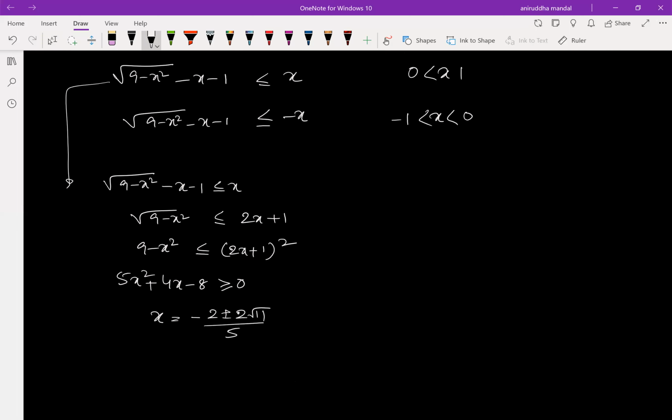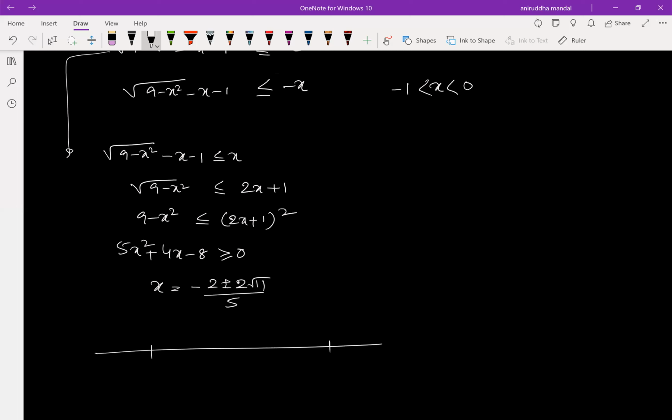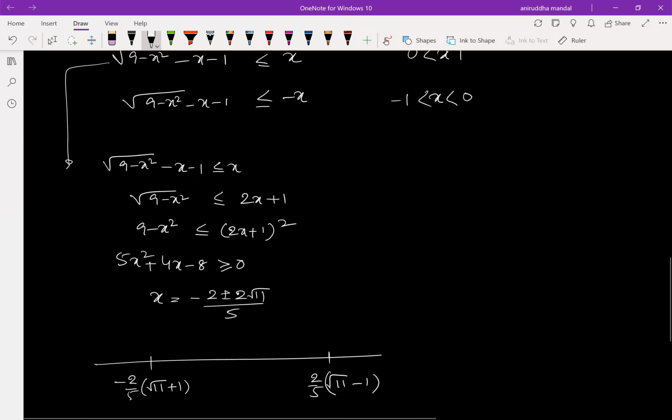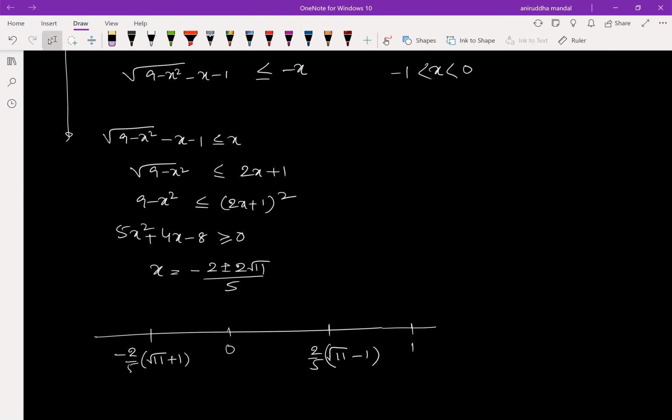Now if we solve, x we will get as the same, minus 2 plus minus 2 root 11 by 5. So if we plot this on the number line, this is minus 2 by 5 root 11 plus 1, and this is 2 by 5 root 11 minus 1. Now our x is in between 0 and 1, so here this is 0 and 1 is here.